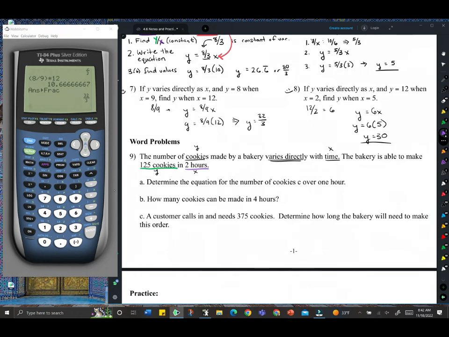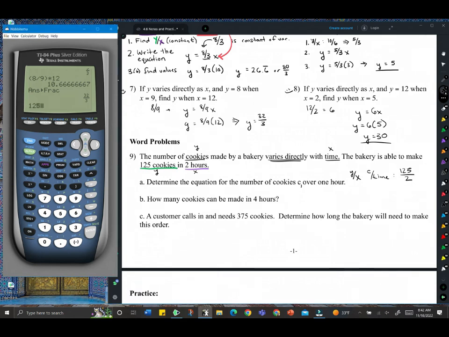So, part A, determine the equation for the number of cookies c over 1 hour. That's just asking you to find the direct variation equation. So, we just need to find the constant of variation first, which is going to be y over x, in our case, cookies over time, or 125 over 2.